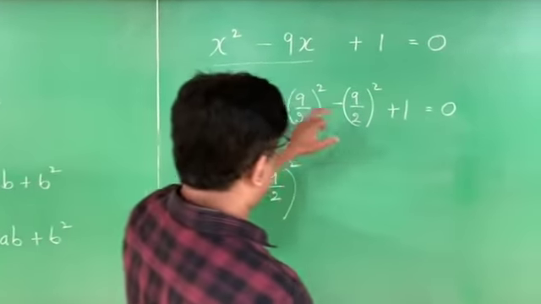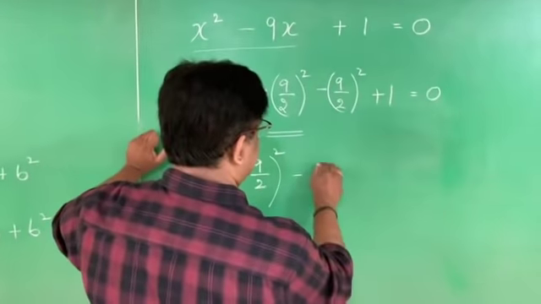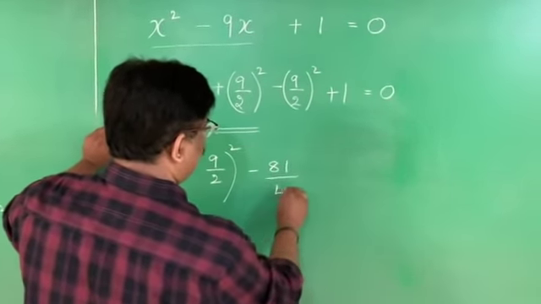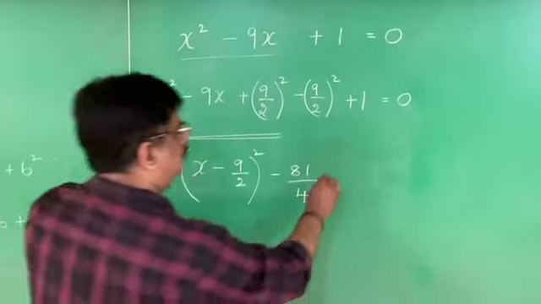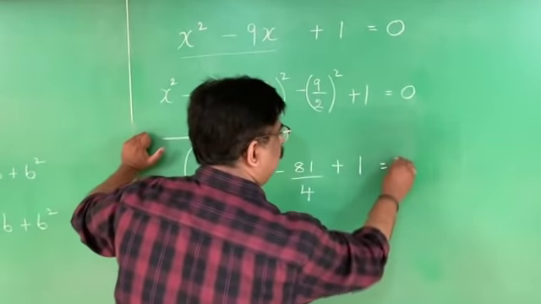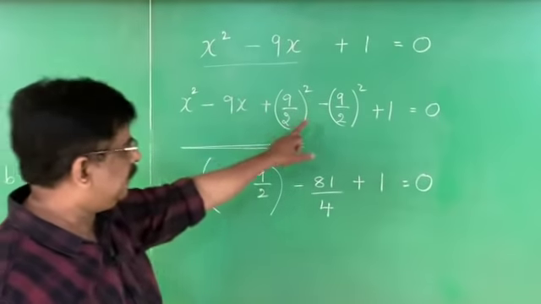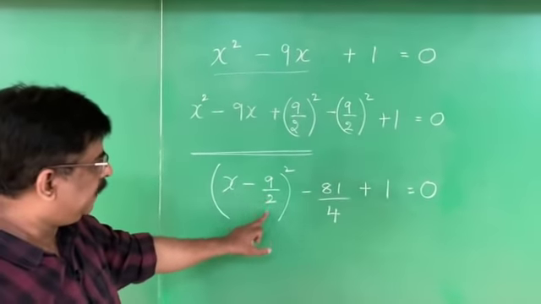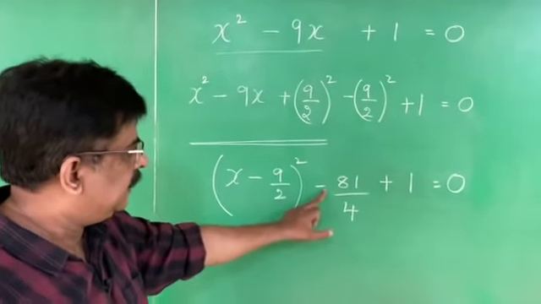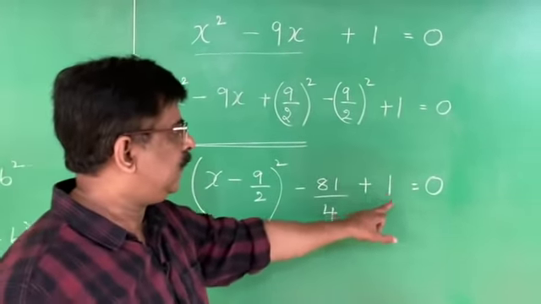Then 9 square is 81, 2 square is 4, plus 1 is equal to 0. The whole part becomes x minus 9 by 2 whole square minus 81 by 4 plus 1 is equal to 0.